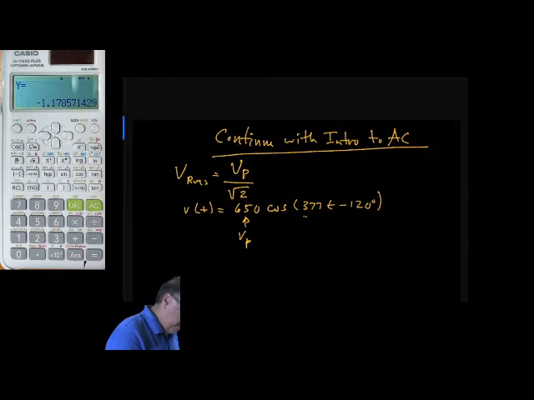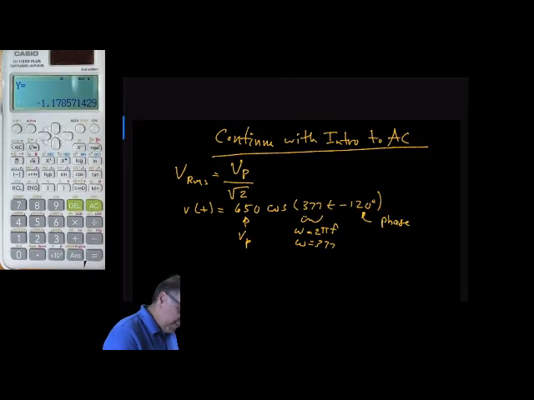This is omega equal to 2 pi f. So omega equals 377. And this is our phase shift, which is negative in this case.